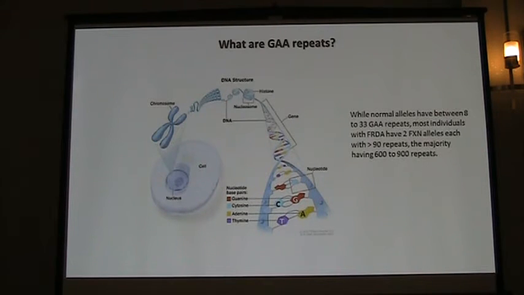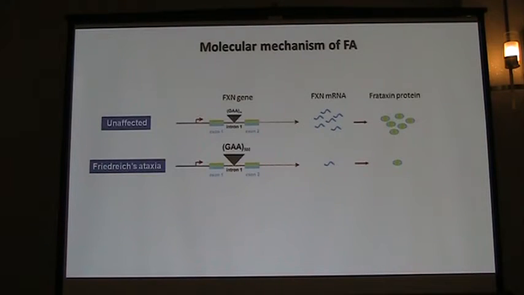And what Dr. Pandolfo found was that in unaffected individuals, these repeats are very low. They're between 8 and about 30. But in people with FA, these repeats are over 100, and in most patients, they are between 600 and 900. He also found that when these repeats are high, over 100, the locus that contains the repeat doesn't function properly.